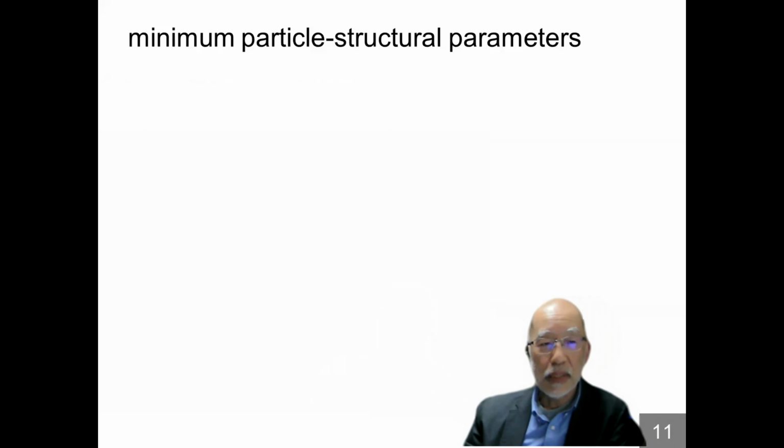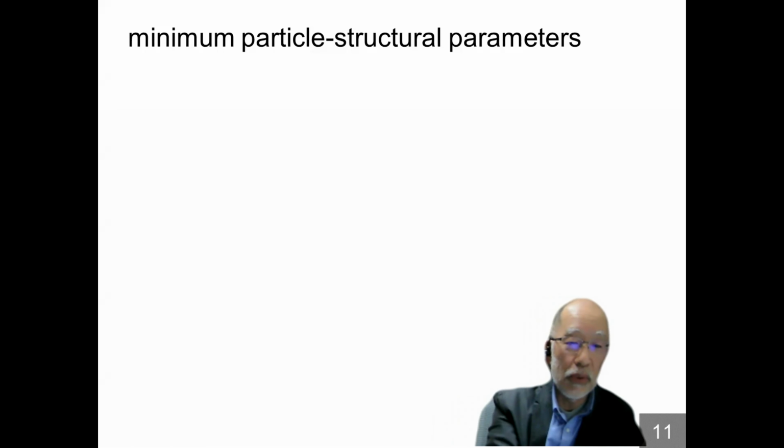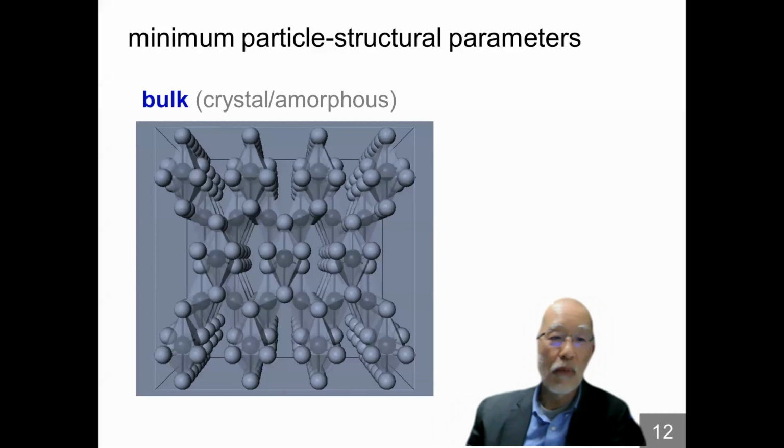So for such a particle, if the structural parameters are minimized, only three parameters should be determined. One is the bulk structure.